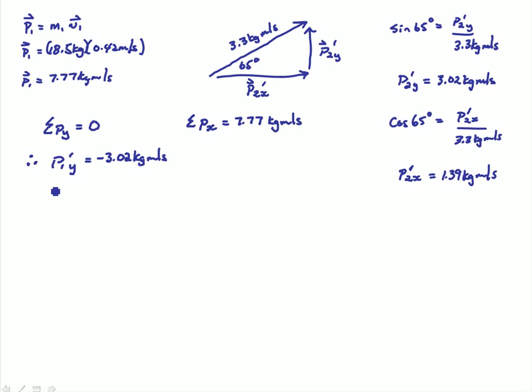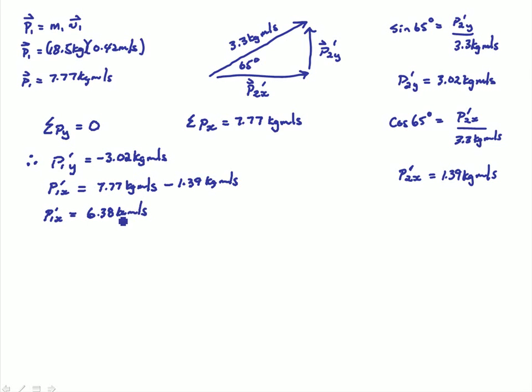Therefore, the momentum of object 1 in the x direction is going to equal 7.77 kilogram meters per second, subtract 1.39 kilogram meters per second, and we get the momentum of object 1 in the x direction equal to 6.38 kilogram meters per second. So that's the calculations that we just worked out on the other slide.